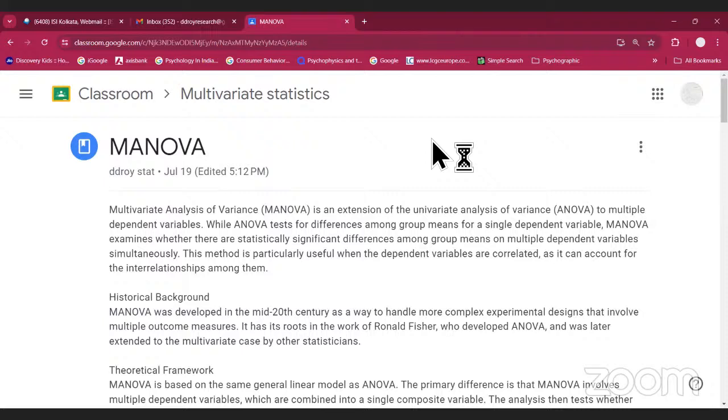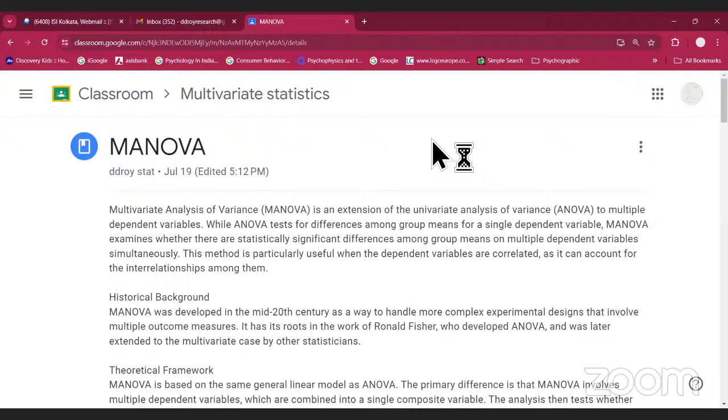That means in the case of MANOVA, we will deal with multiple dependent variables. Dependent variables will be more than one. But in the case of ANOVA, we are dealing with a single dependent variable.